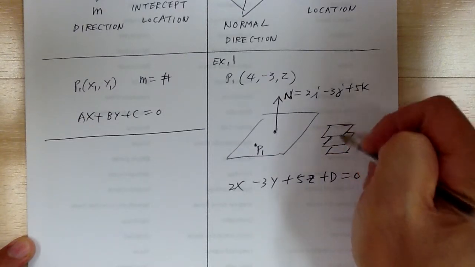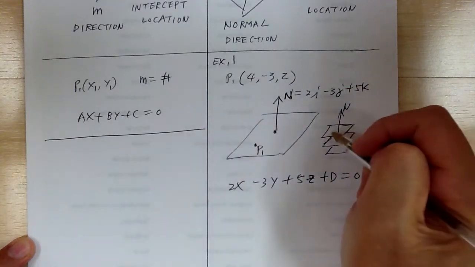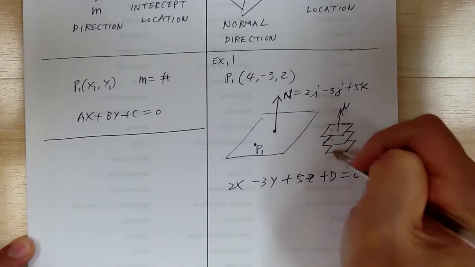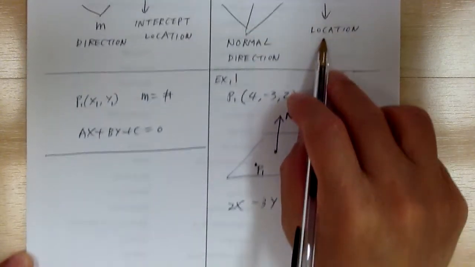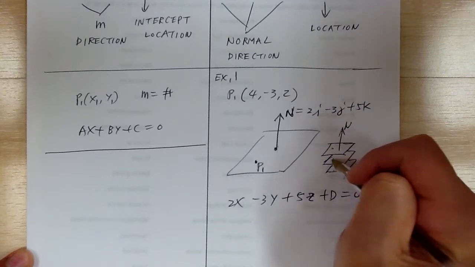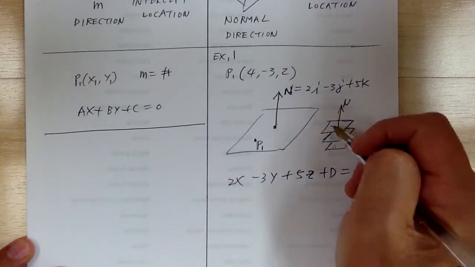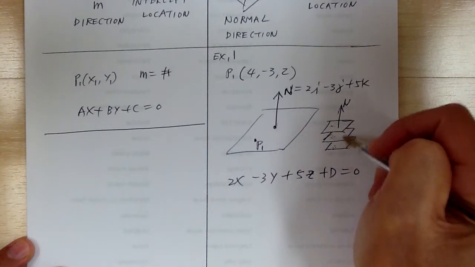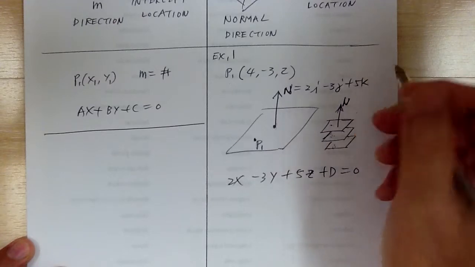All these have the same normal, so the point decides which one it is. That's why I said this is the location. It tells you whether it's this one or this one. This locks in which one, because there is an infinite number of possible planes facing the same direction.